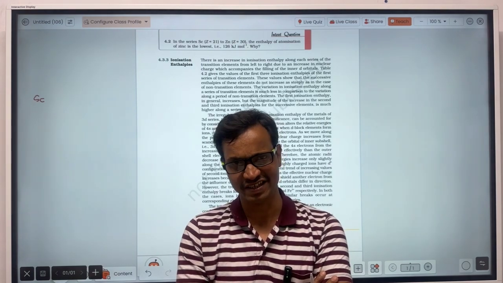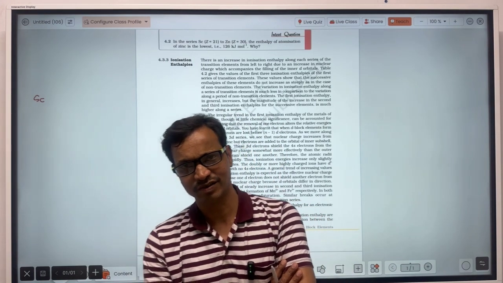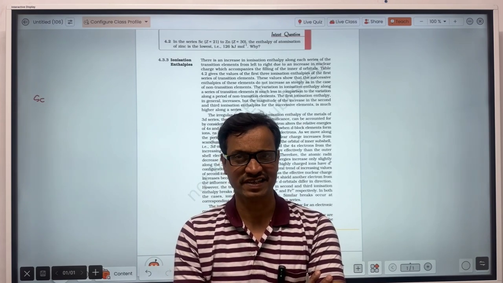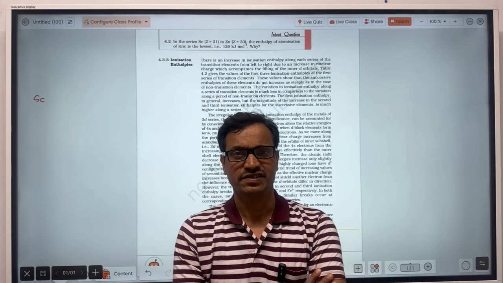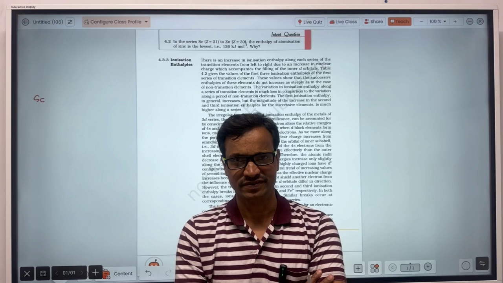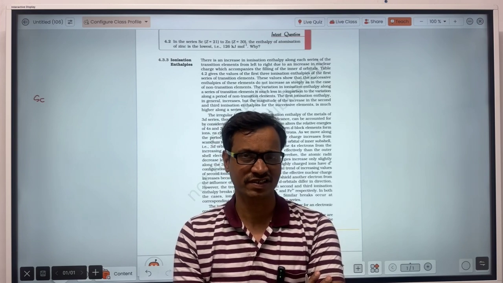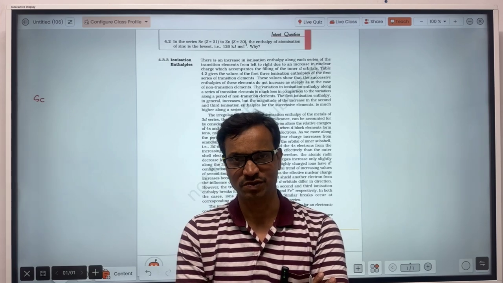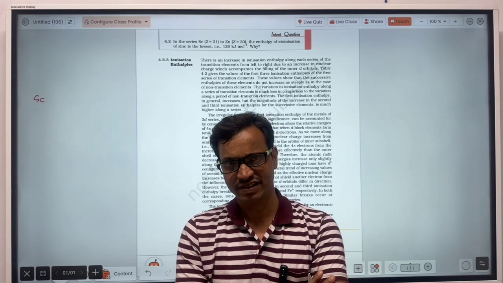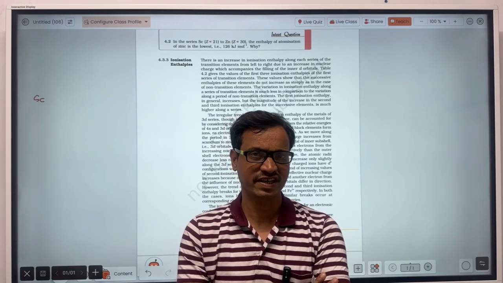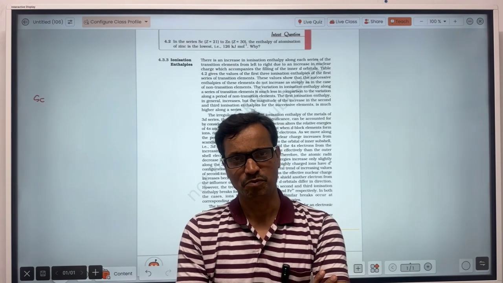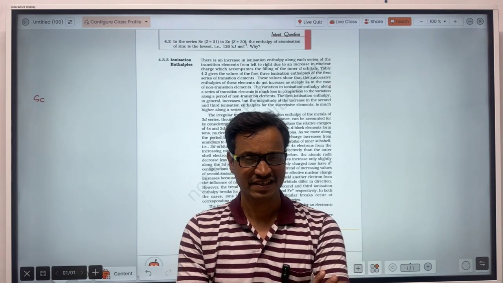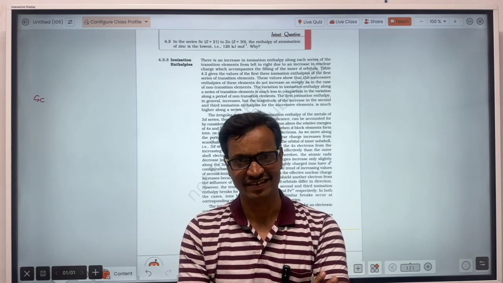If there is a second electron in the 4s orbital, then the first electron as well as the second electron will be released from the 4s orbital, since 4s is the valence shell.